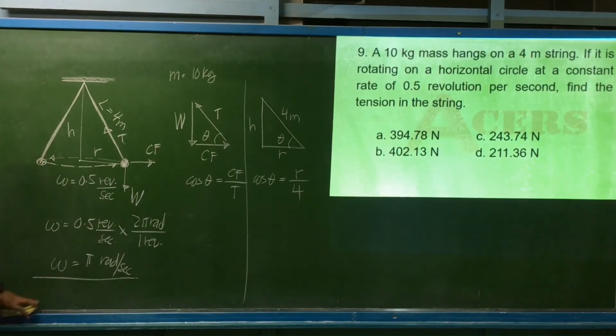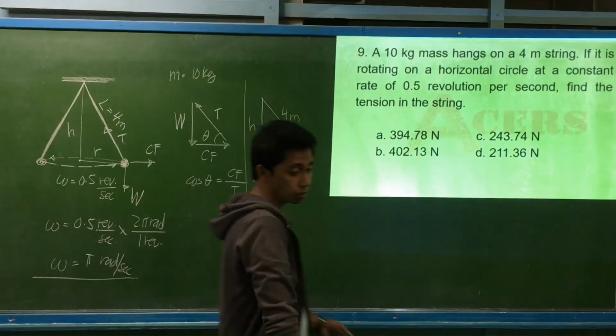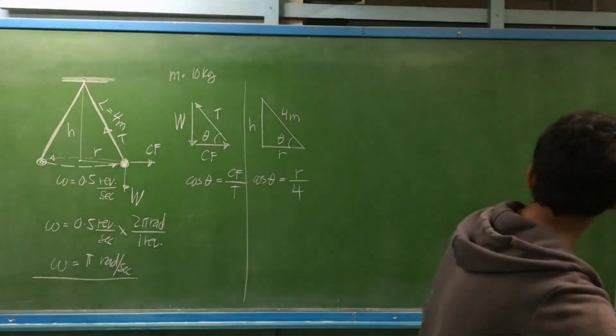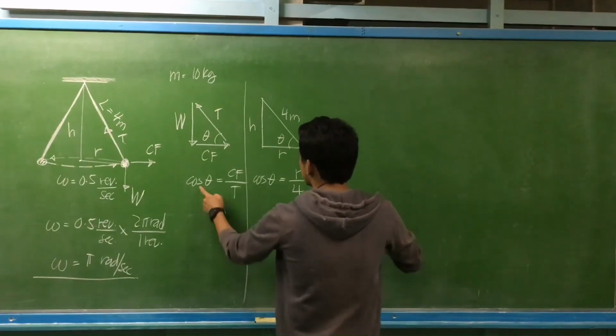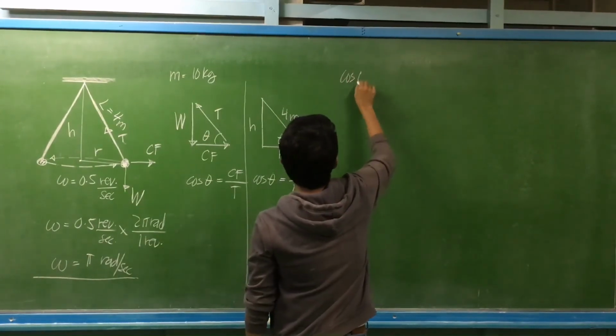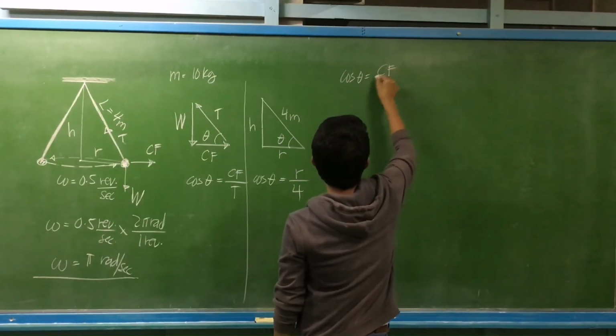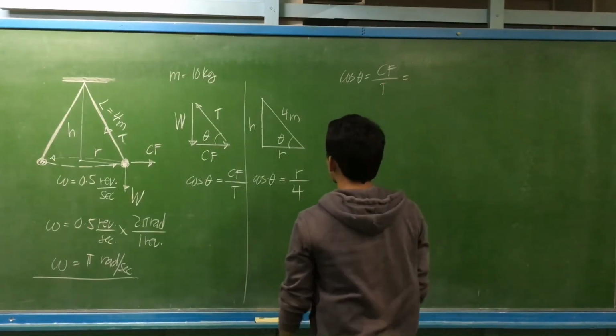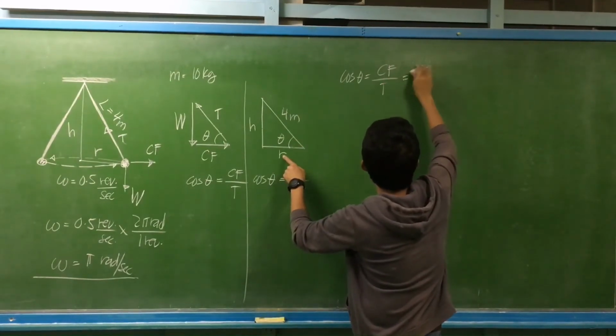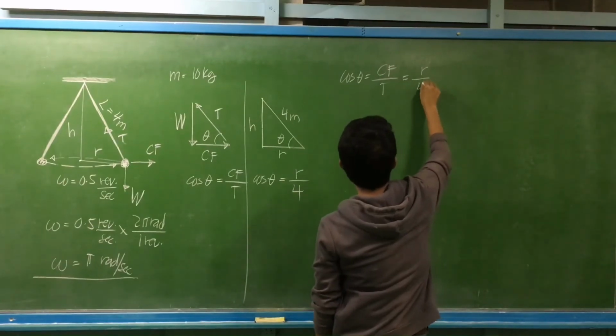So we have two equations equivalent to cosine of theta: the centrifugal force over the tension is also equal to the radius over 4 meters.